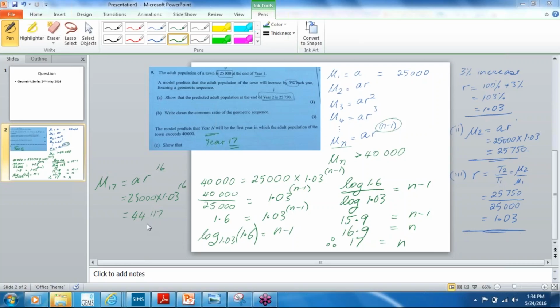Yeah, okay. That's just 40,117, about 0.7. And that is the 17th year. So which year? It's year 17.